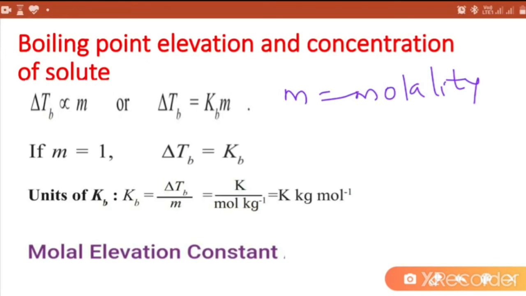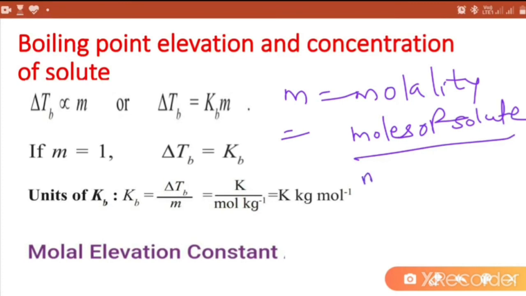Molality means number of moles of solute divided by mass of solvent in kg.